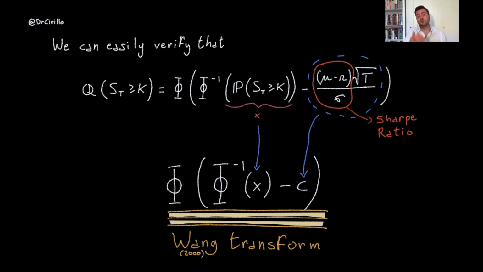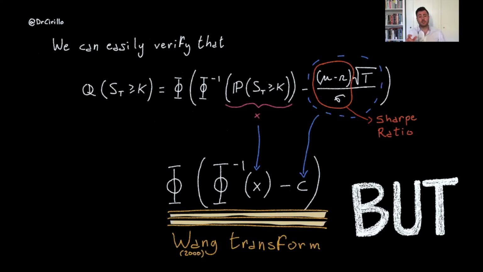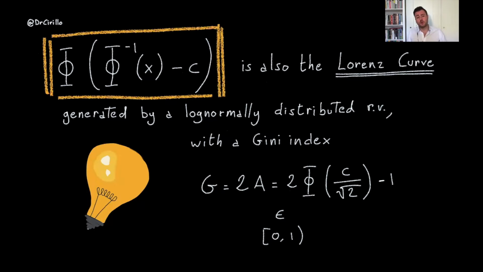So as I told you last time, in this specific situation, this Wang transform gives a convex function. But it's not difficult to observe that this Wang transform, that in this specific situation is convex because the quantity C is positive, is nothing more than the Lorenz curve generated by some log-normally distributed random variable. And given the Lorenz curve, I can compute the Gini index that you see on your screen.